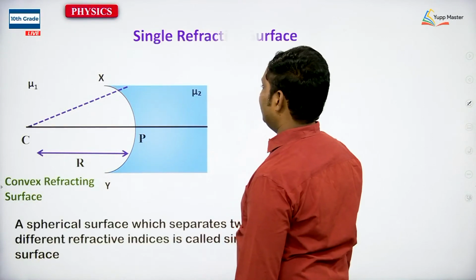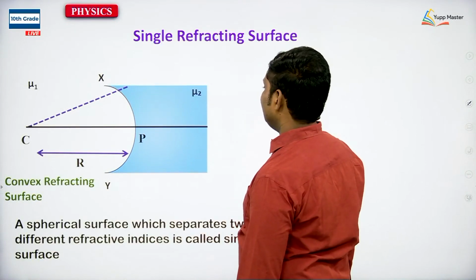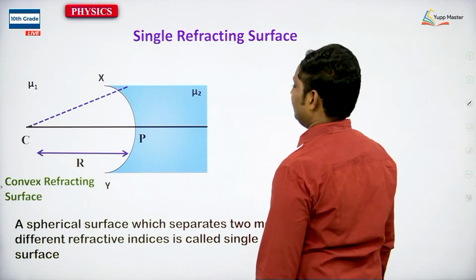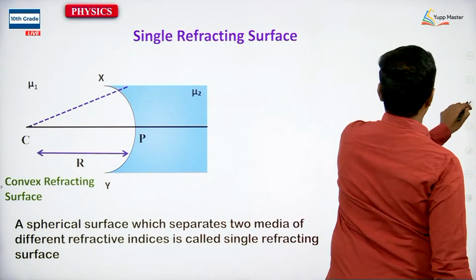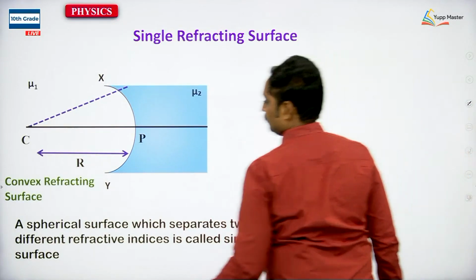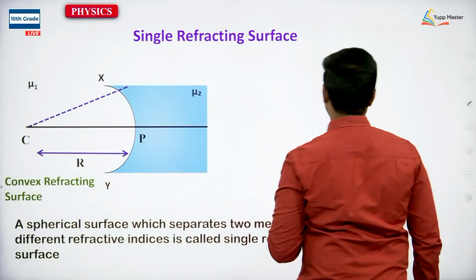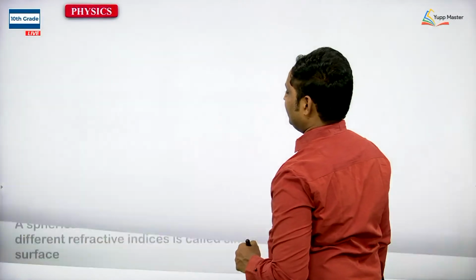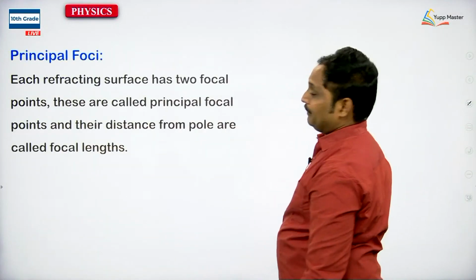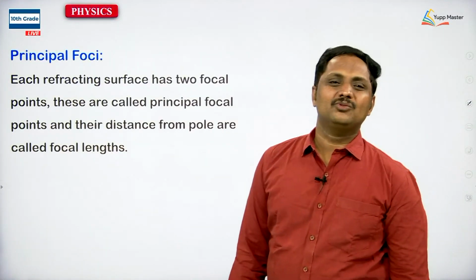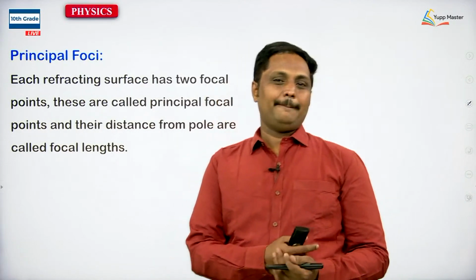Now, let us go for this one, this is going to be convex, and that is a single concave. Now, we would like to talk about the principal foci.